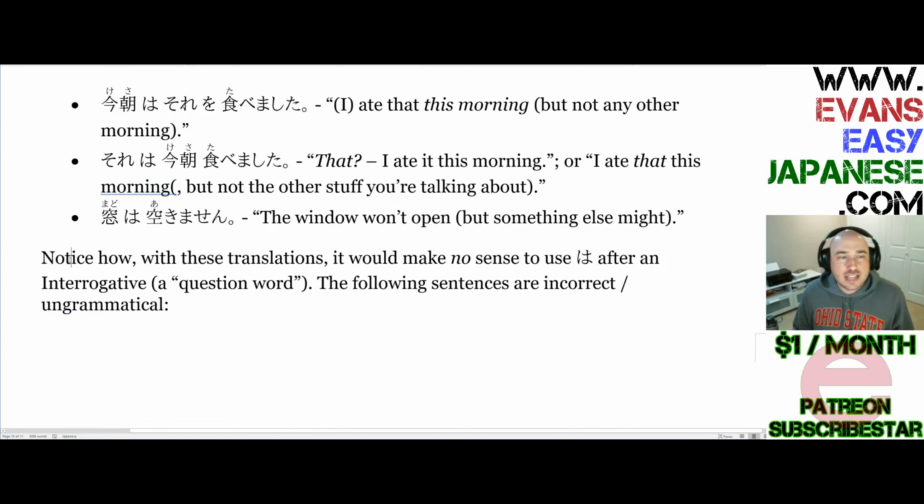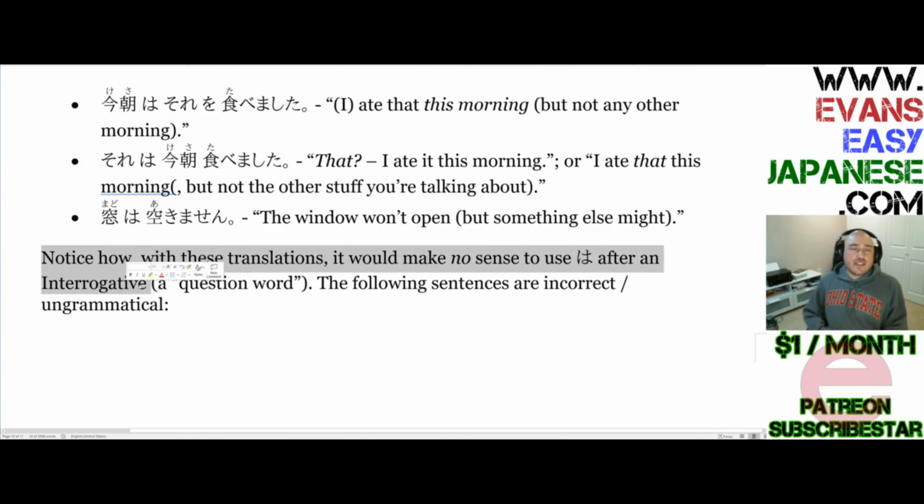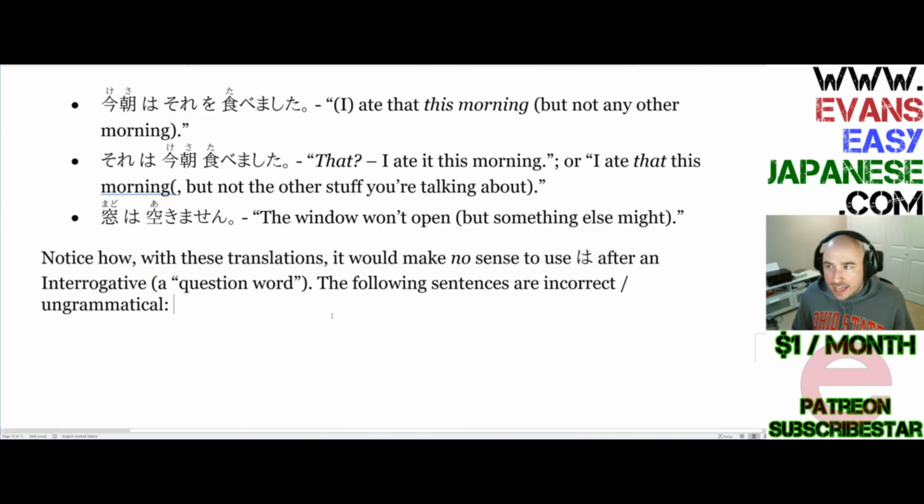Notice how with these translations, it would make no sense to use wa after an interrogative. Yeah, that's very important. You can't have like who ate that with a wa particle. Because it'd be like, ate that? Who?